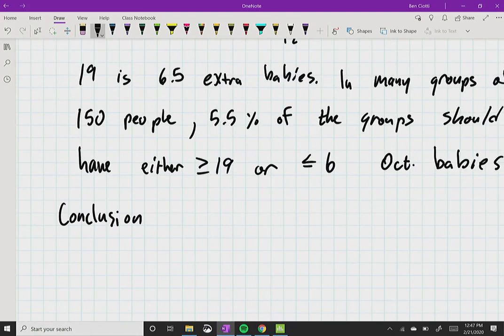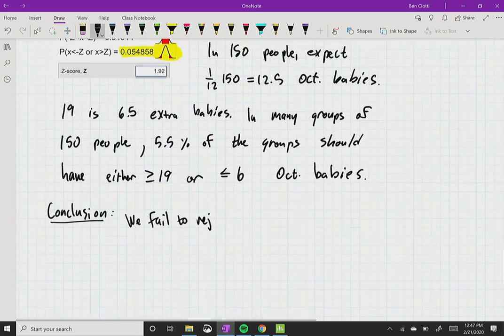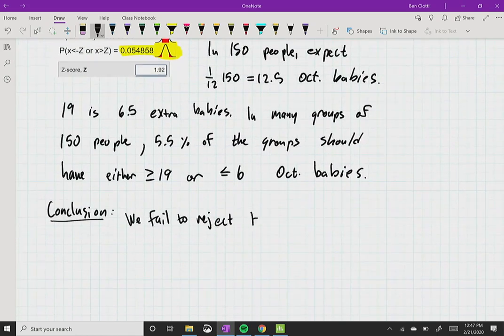And we got 5.5%. So yeah, we're not going to reject it. We fail to reject, because 5.5% wasn't rare enough for us.